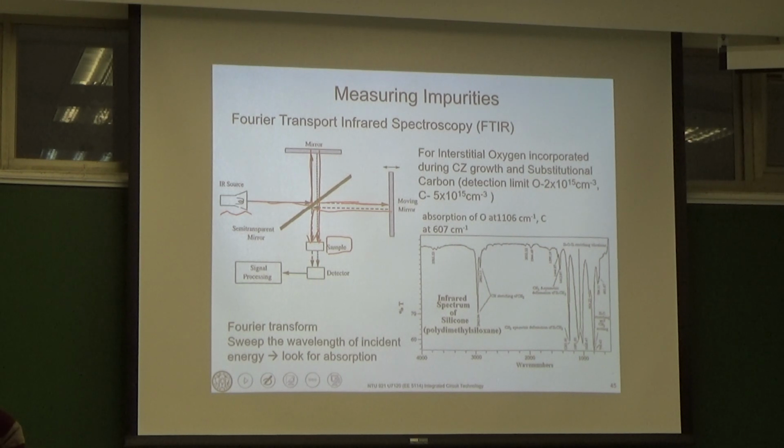So once you move this mirror periodically, it creates a different optical path for this second arm. When you move it to the right-hand side, the light will travel a longer distance and then reflect back into your sample. When you move to the left-hand side, the light will travel a shorter distance.